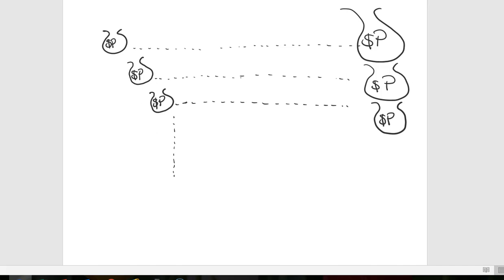You do have to be careful because in some situations, the last amount, you could have this option where it earns interest and gets a little bit bigger, or the last payment is made and collected at the same time, no interest is earned on it.